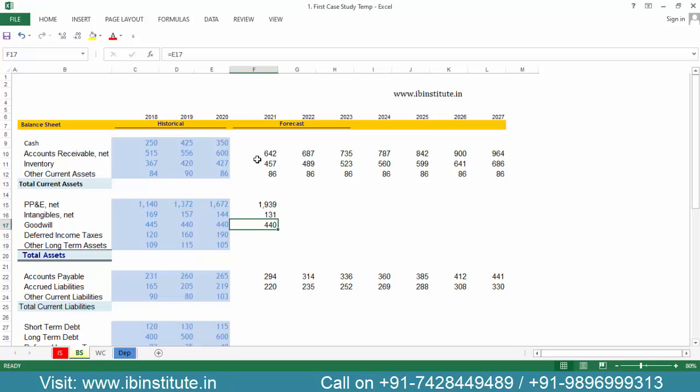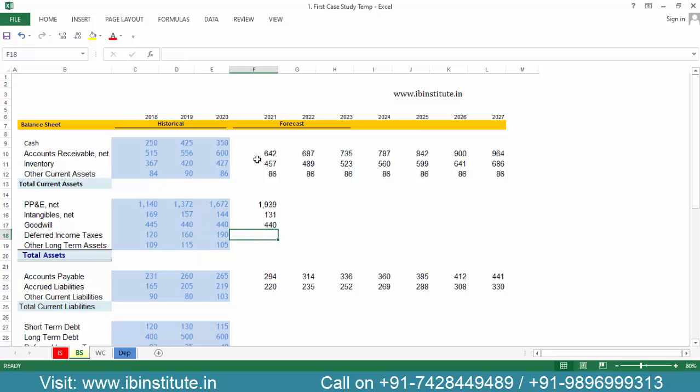So if a company has not acquired any other company, there will be no goodwill in its balance sheet. Okay, so when a company will acquire any other company on a price above the fair value of net asset, that additional amount will be called goodwill. In this model, we are not talking about any acquisition, so goodwill will remain constant in the future also.